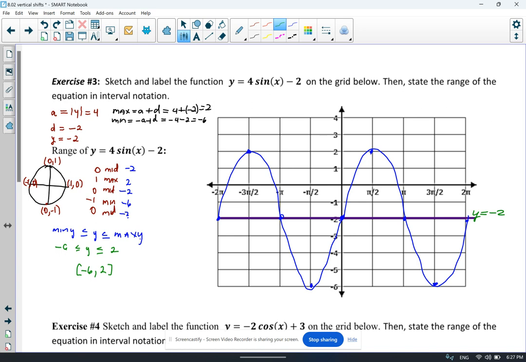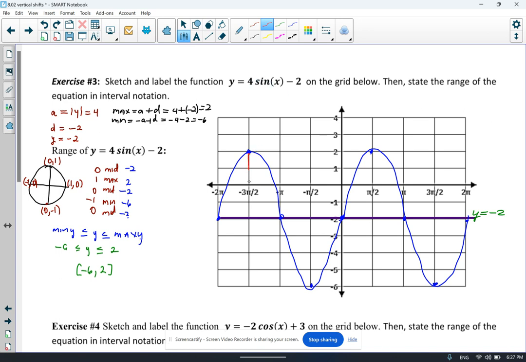Now, before we continue on to the next problem, I just wanted to go over something because there are many ways to graph these functions. First, I wanted to highlight what exactly that amplitude is, aside from being that value, the absolute value in front of the function.